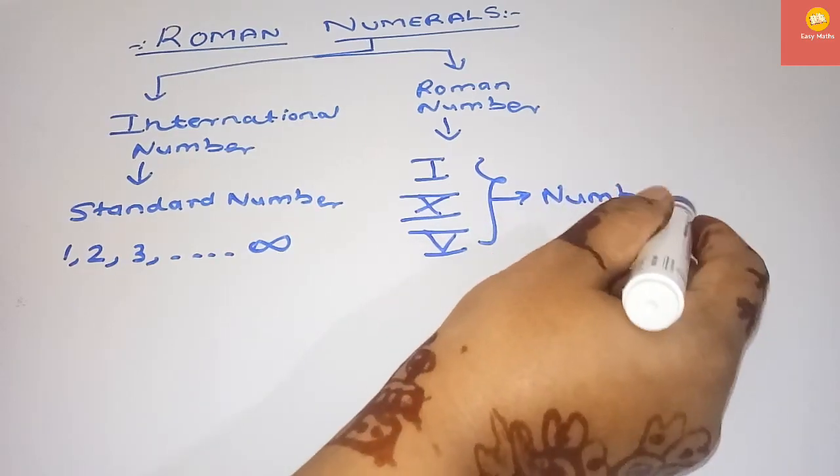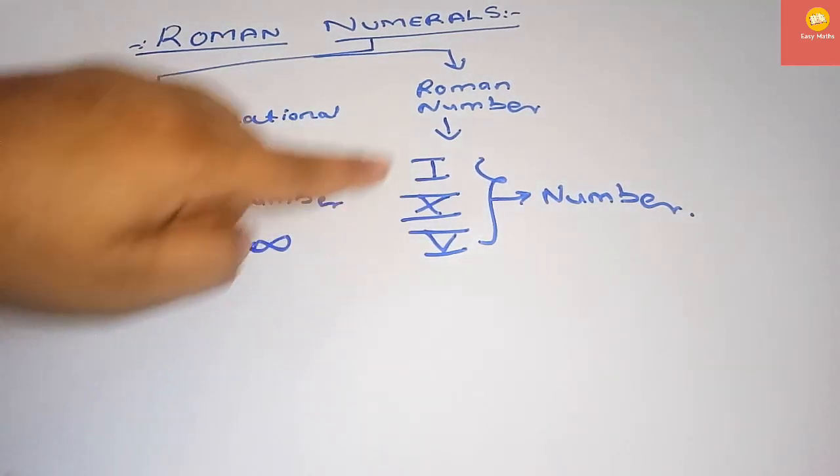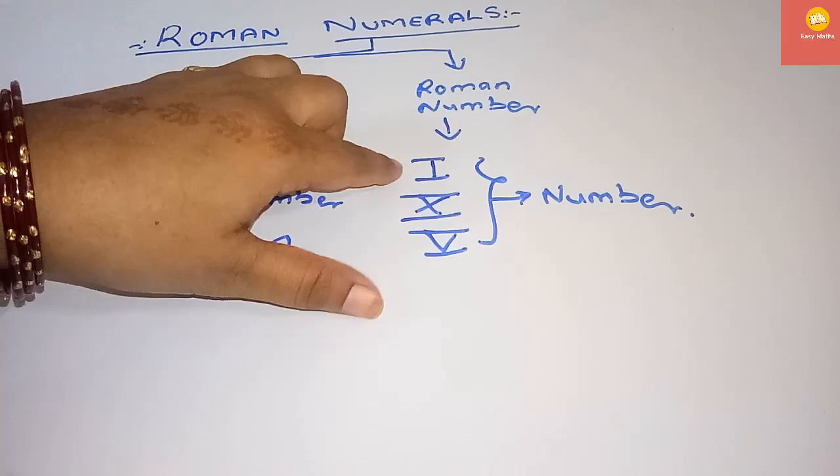Understand the two types of numbers. First one is international, second one is Roman number. International number is nothing but standard number 1 to infinity, and Roman number is nothing but capital letters.